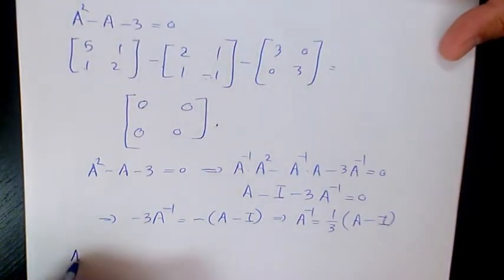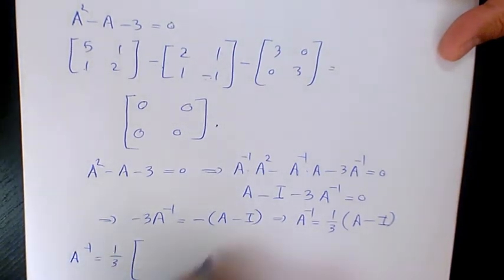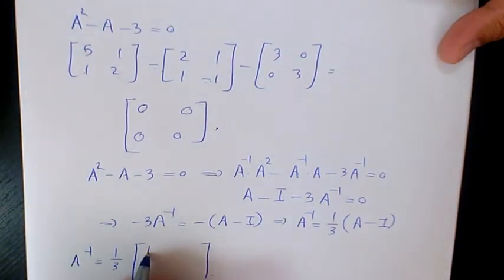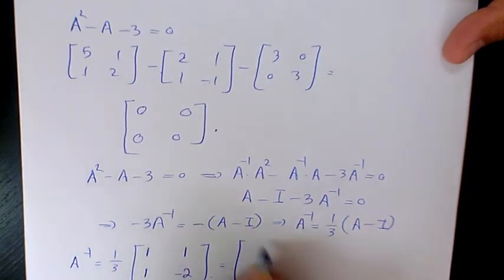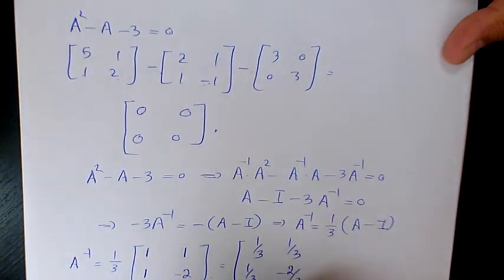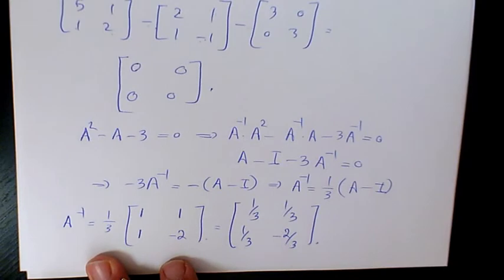So which will be 1 over 3 times 2 minus 1, 1, 1 minus 0, 1, negative 1 minus 0 is 1, negative 1 minus 1 is negative 2. So it's 1 over 3, 1 over 3, 1 over 3, negative 2 over 3. That's the inverse of this matrix.